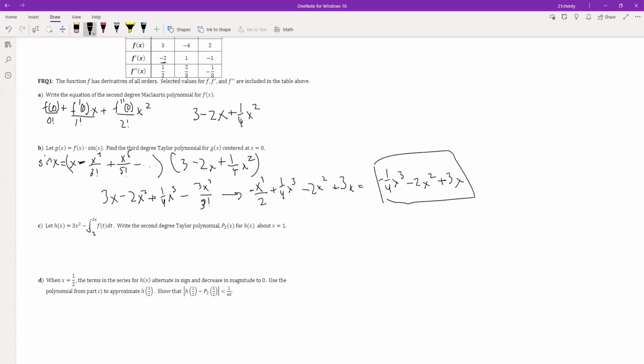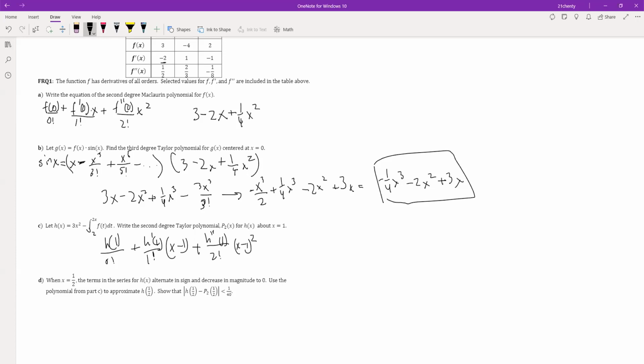First off, we will write down that the Taylor polynomial centered at x equals 1 is going to be h of 1 over 0 factorial plus h prime of 1 over 1 factorial times x minus 1, plus h double prime of 1 over 2 factorial times x minus 1 squared. There we go.